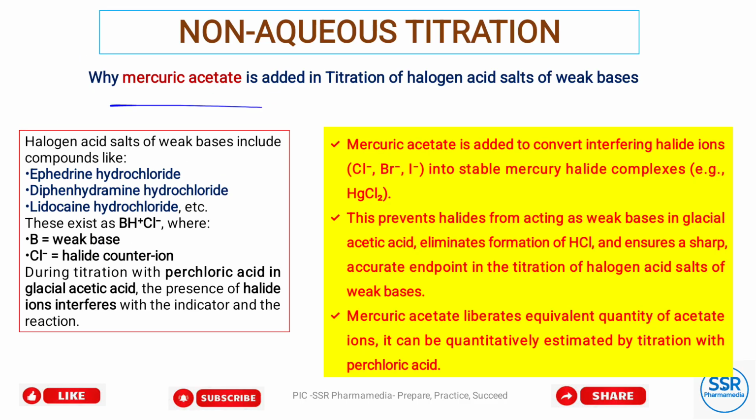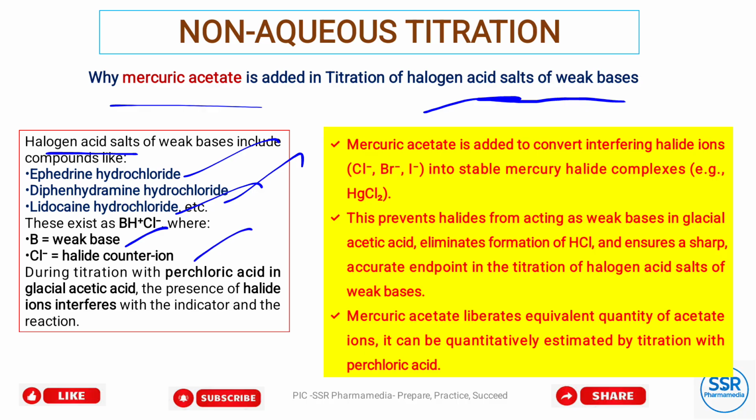Why is mercuric acetate added in titration of halogen acid salts of weak bases? Halogen acid salts of weak bases include compounds like ephedrine hydrochloride, diphenhydramine hydrochloride, and lidocaine hydrochloride. These exist as BH plus Cl minus, where B is a weak base and Cl is a halogen counter ion.